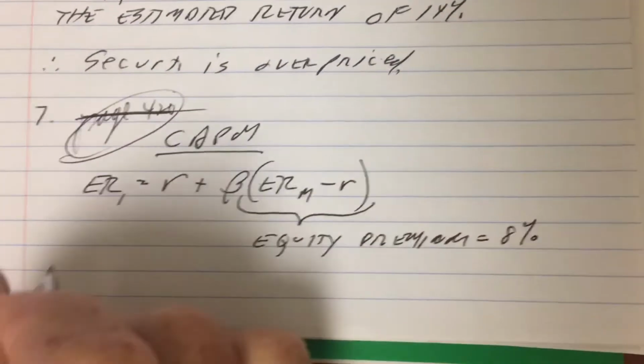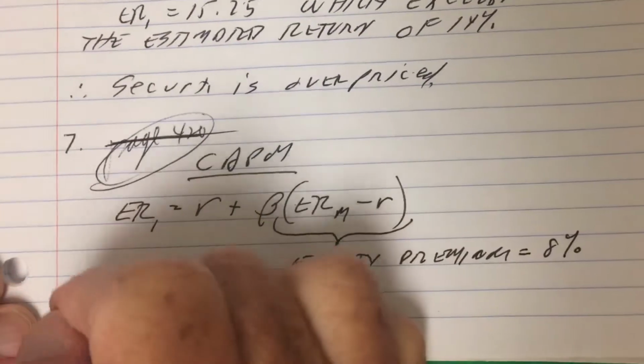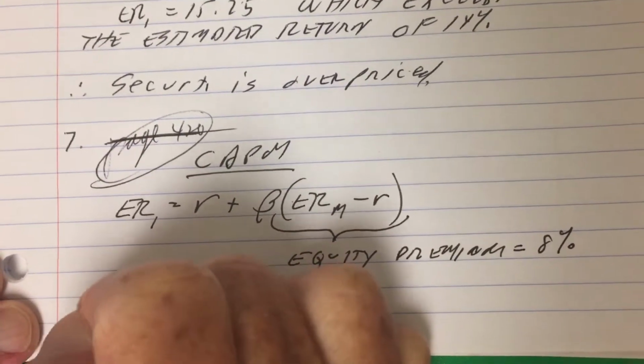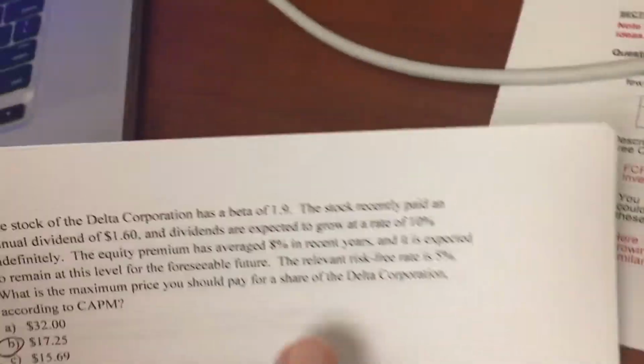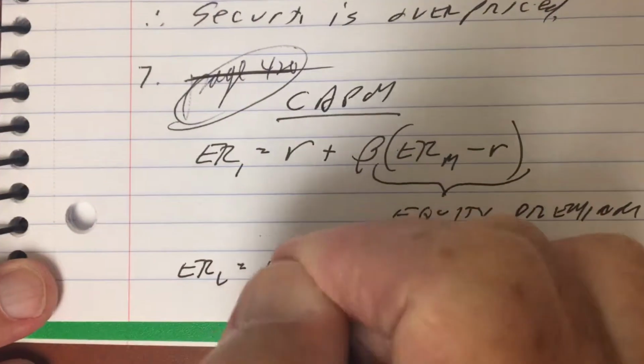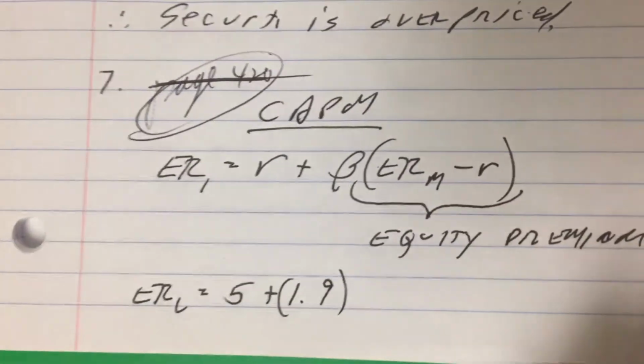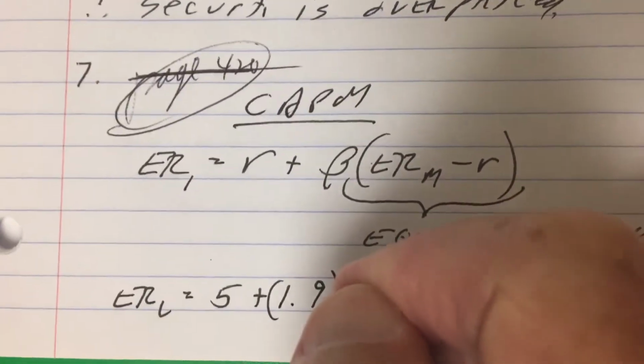So now we're going to compute the expected return of this stock. The expected return of this stock for this problem is the risk-free rate of 5% plus beta, 1.9, times the equity premium, which is 8%.